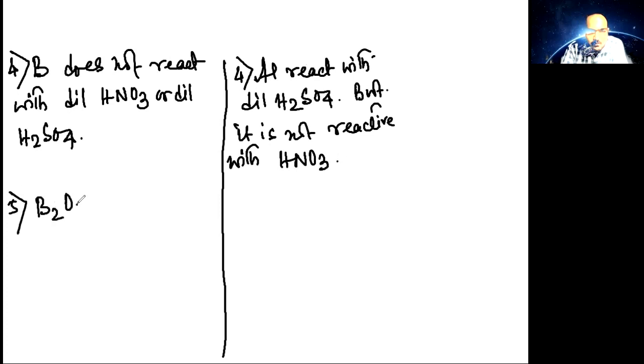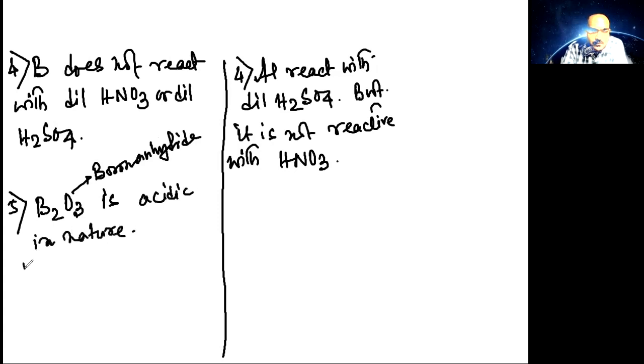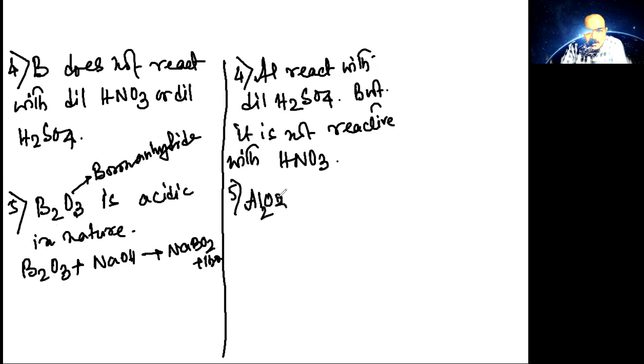Next one, boron oxide. It is known as boron anhydride. Boron anhydride is acidic in nature. Suppose B2O3 plus sodium hydroxide, it will produce NaBO2 plus H2O. Aluminium oxide Al2O3 or alumina is amphoteric in nature.